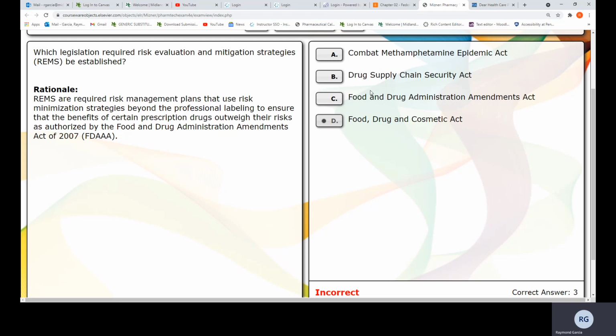So it's actually C, the Act of 2007. So the Food and Drug Administration Amendments Act of 2007 required risk evaluation and mitigation strategies.